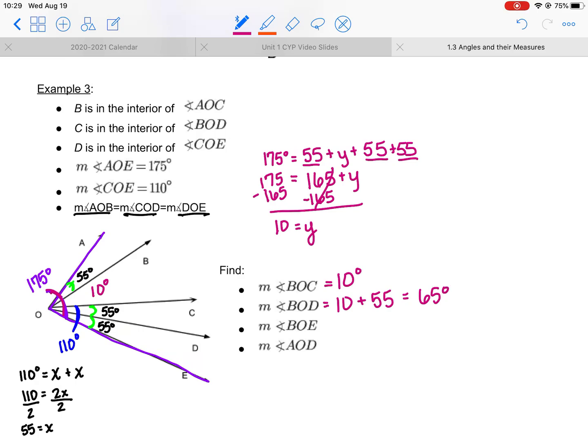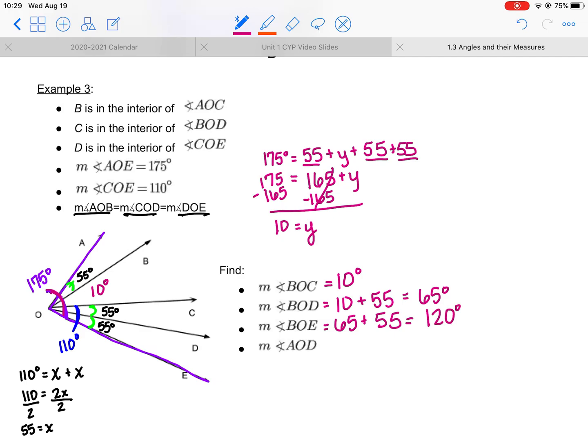The next thing is going to be BOE. Since we just found that BOD was 65, the only new part is going to be DOE, which is 55. And now I can add that together. So 65 plus 55 is going to give me 120 degrees.